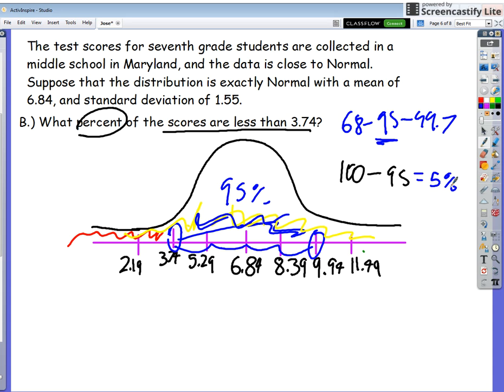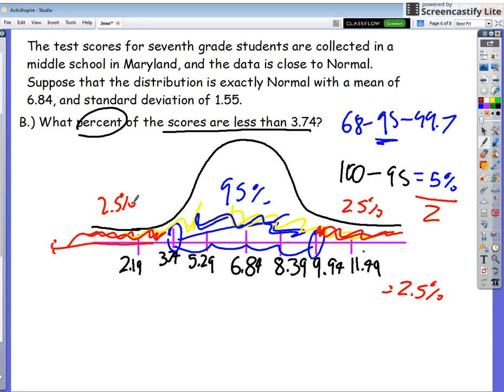The 5%, however, encompasses this part as well as this part, but we're only asked for 3.74 and below. The property of symmetry comes in, and we can divide this by 2, giving us 2.5% here and 2.5% here, and that's exactly what they were looking for: the percent less than 3.74.